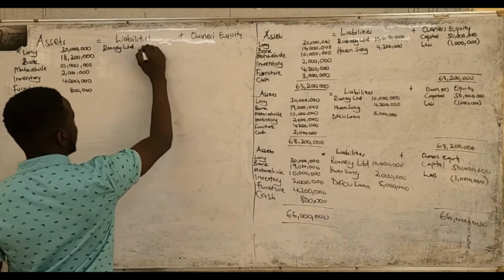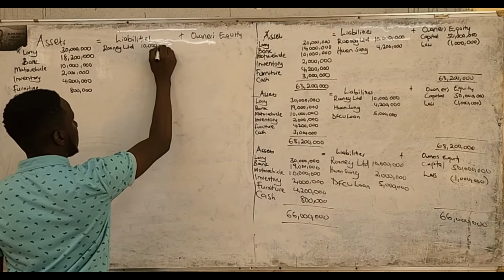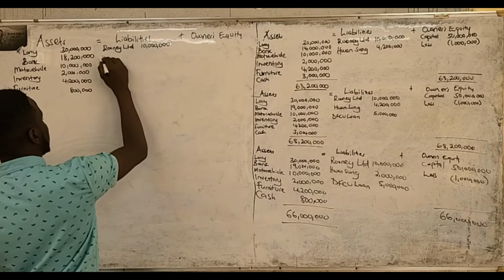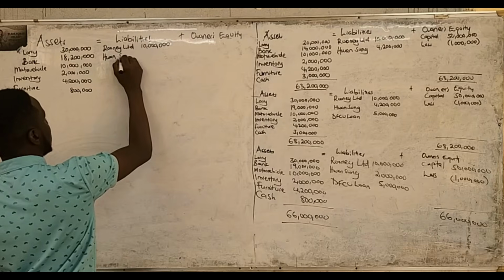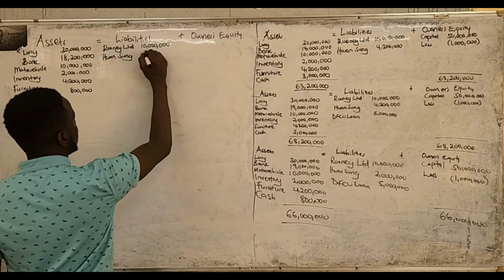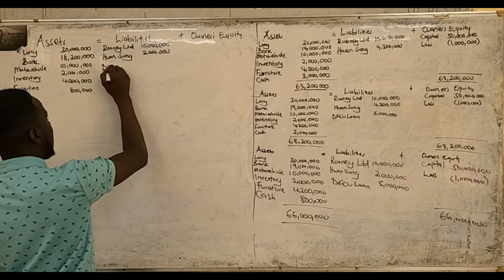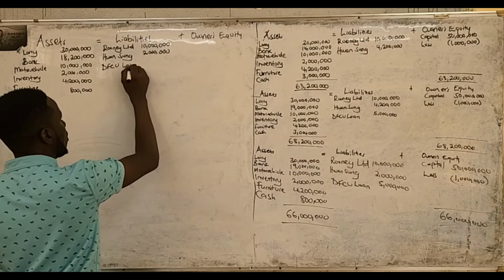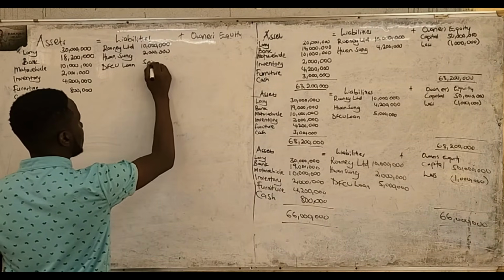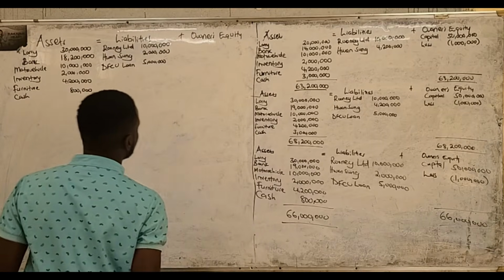So when you come this side, we shall have Rooney Limited, and Rooney Limited was 10 millions. Then we shall have Juan Sang, who is 2 millions now. And then we shall have our DFCU loan of 5 millions.